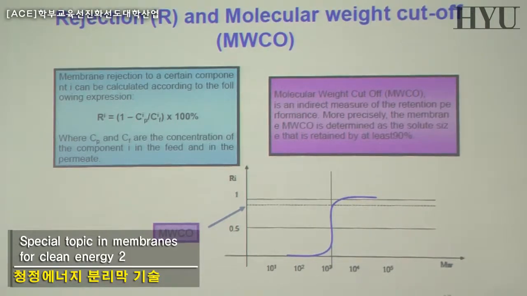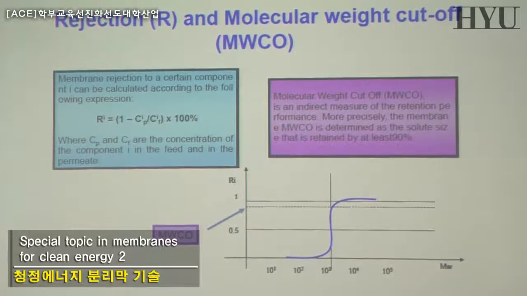But in the case of membrane rejection, we can think about the rejection as a function of the concentration of the solute in the feed and the permeate.